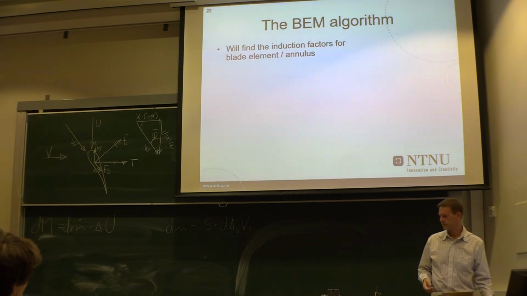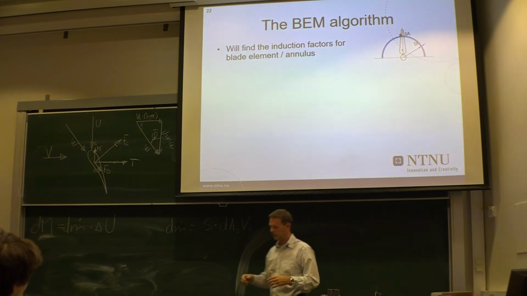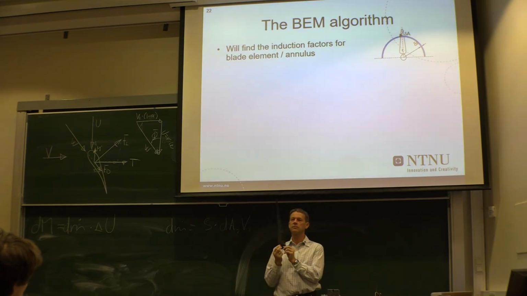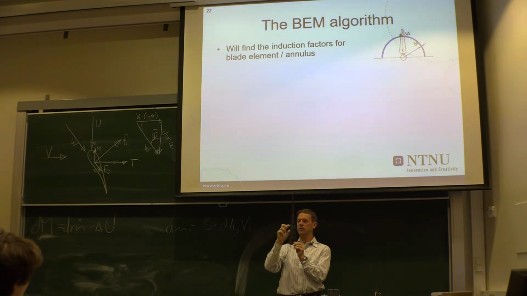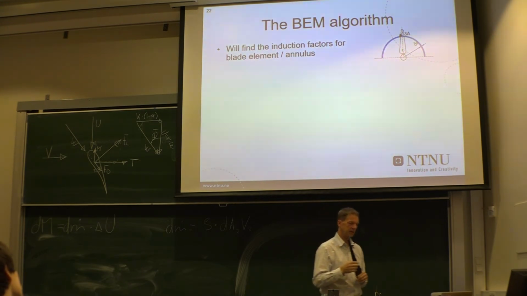We will find induction factors for each element, meaning each annulus or part of the blade, so that you're back to the way of thinking you had in exercise 1. You can decide how many elements you want. If you use MATLAB, you can choose 1,000 or 1,000,000 if you like.